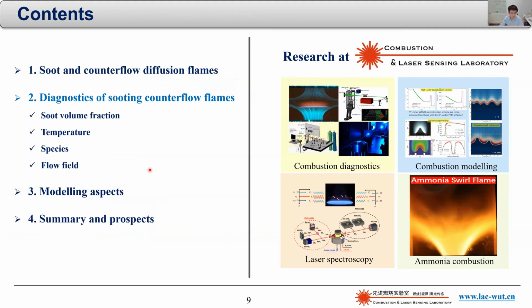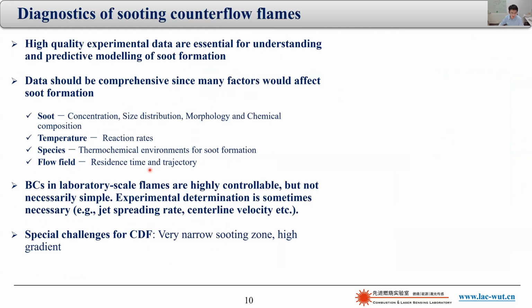First, it's very useful to emphasize again that high-quality experimental data are essential for understanding and predictive modeling of soot formation. And when we say high-quality data, we actually mean a lot of things. Data should be comprehensive, since many factors affect soot formation. First, of course, we need data on soot.